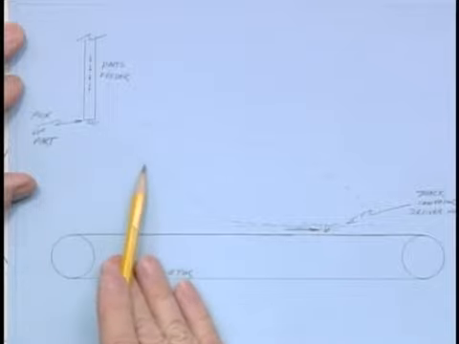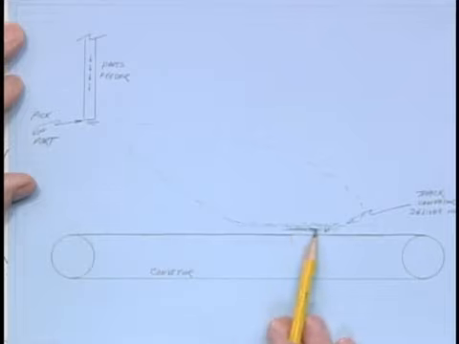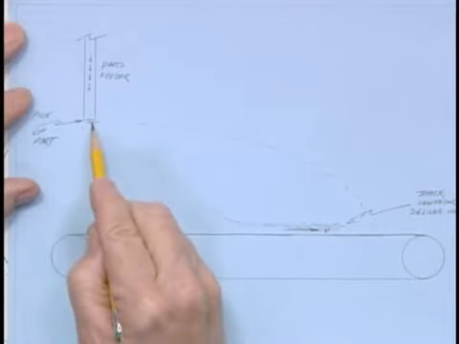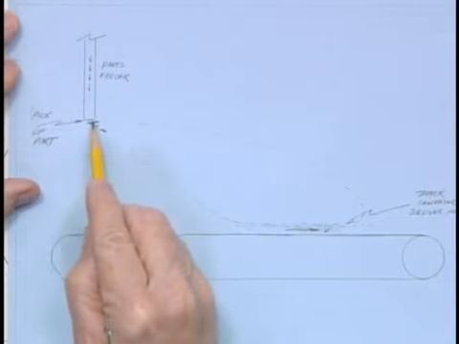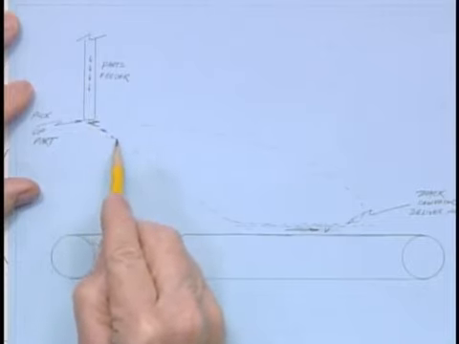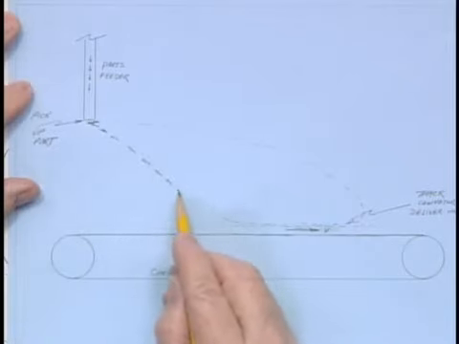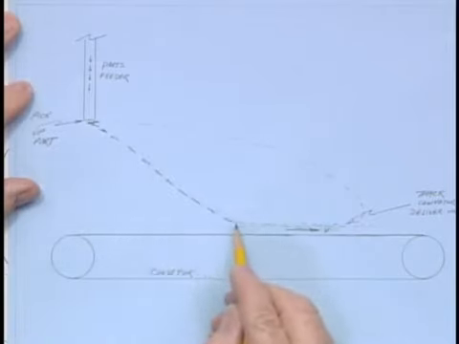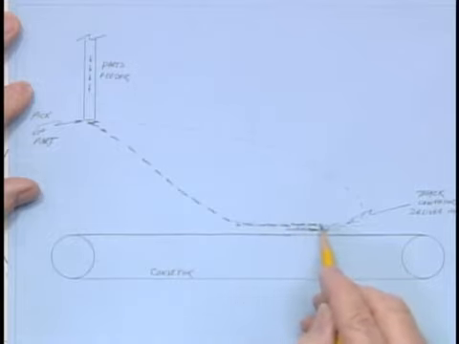I don't really care too much about the shape of that path, but at some point I'd like it to become fairly straight. I'm going to darken that in. It didn't show up too well from my previous sketch. So here's my cusp. I'm going to pick it up at the bottom of the parts feeder. And I want to make it come down, and I don't care too much about the shape of this here. But at some point, I want to get more or less parallel to the conveyor so I can track it.